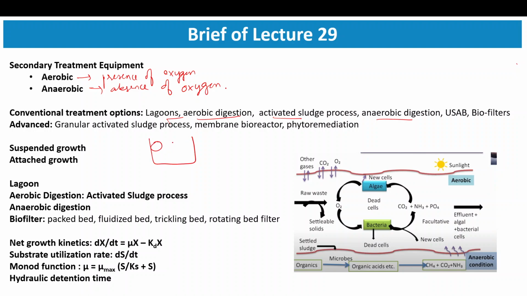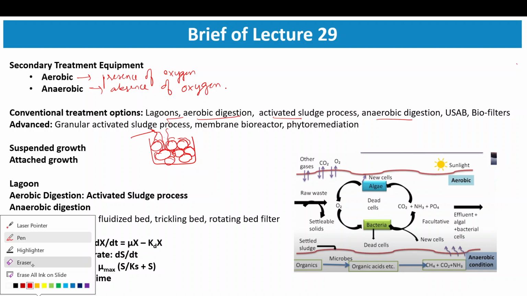For example, here there are some materials, and you allow the microorganisms to stick on these materials. Let's say you provide some stones or granules, so you stick the microorganisms over them. Now as the water passes through, water and microorganisms come in contact, and the degradation of organics occurs.